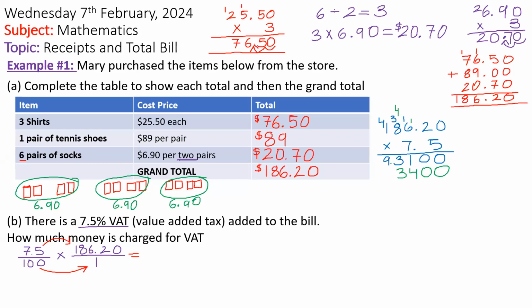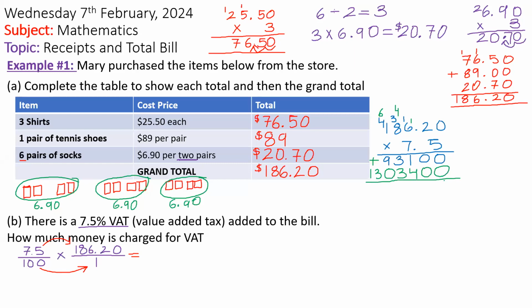Plus 4 is 60. Put the 0 down, put the 6 above. 7 times 1 is 7, plus 6 is 13. Good. This is how you multiply, people, because some people don't know how to multiply. Then we're gonna add them.